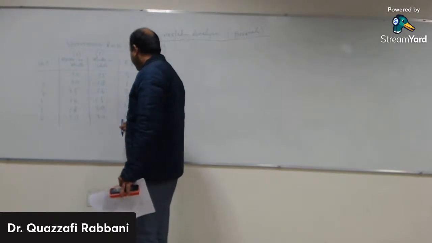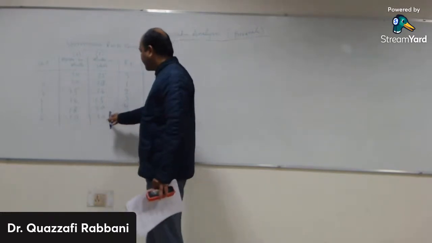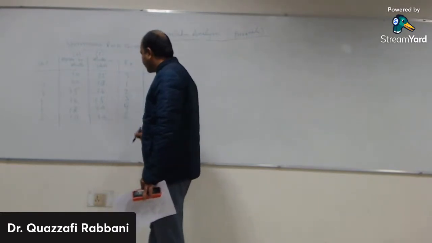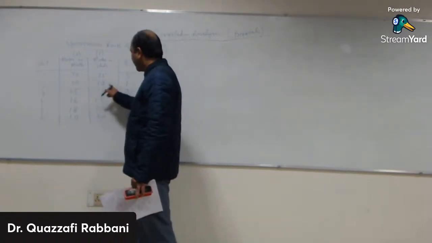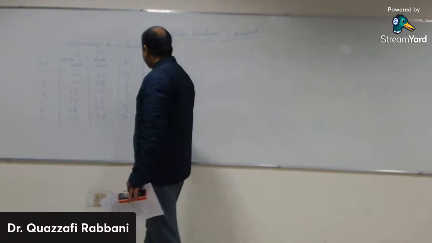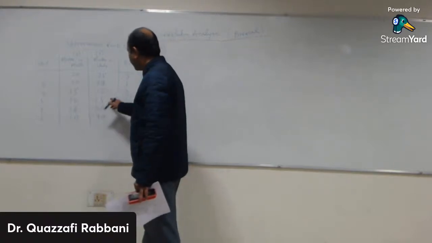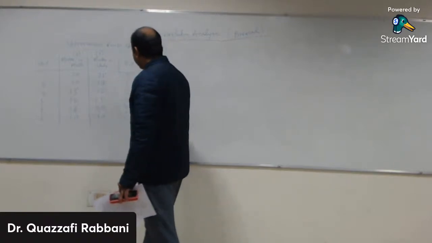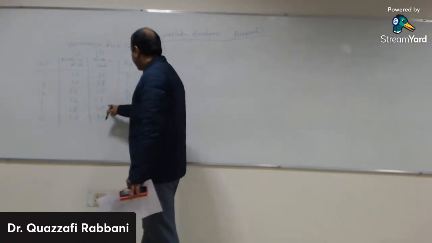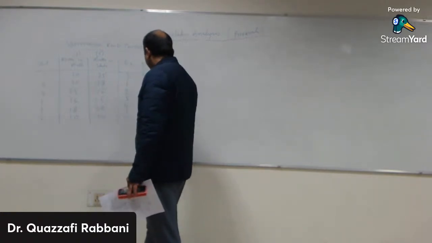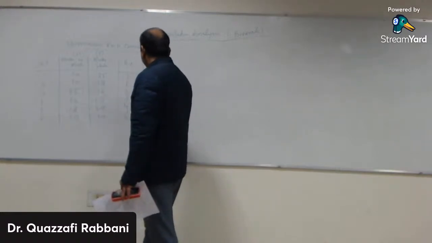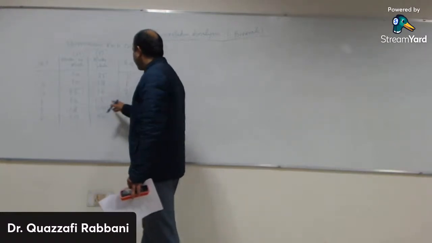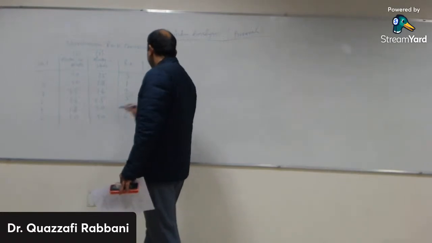So here we give rank 1 to the maximum. The maximum is 30, so it will be given 1. The next is 28, given 2. Next is 25, given 3. Next 20, given 4. Then 16, given 5. And then 15, given 6.